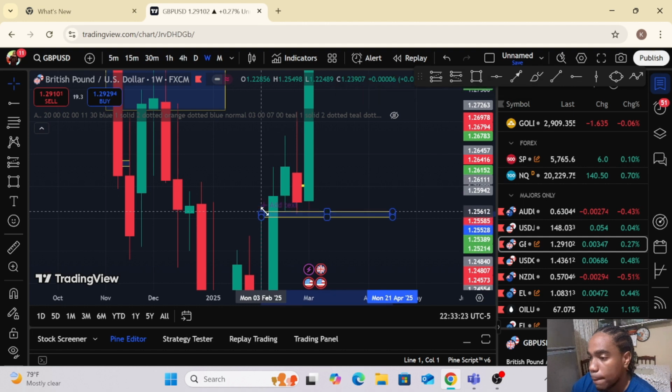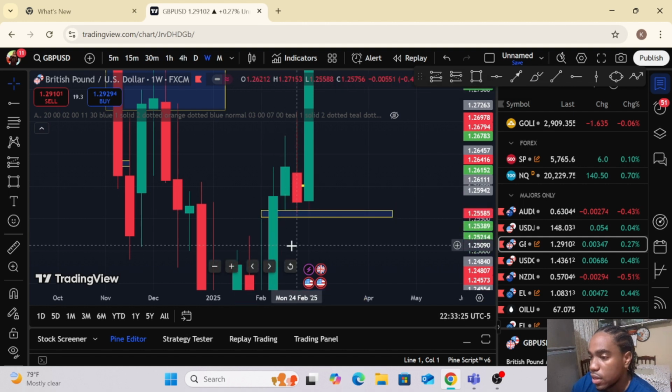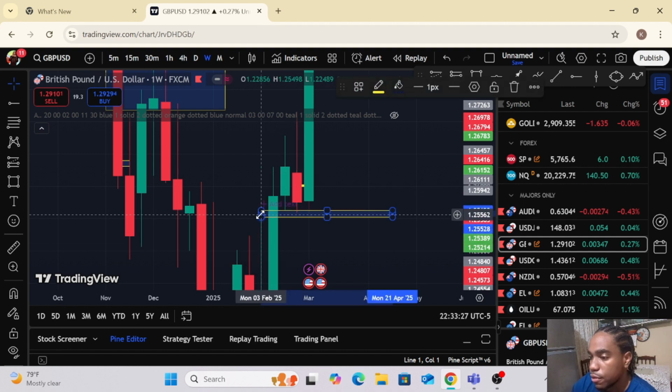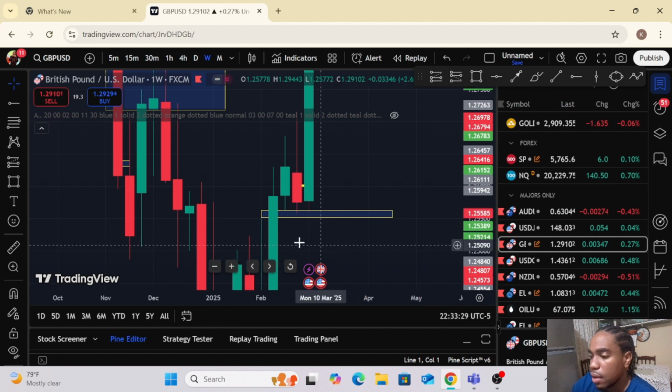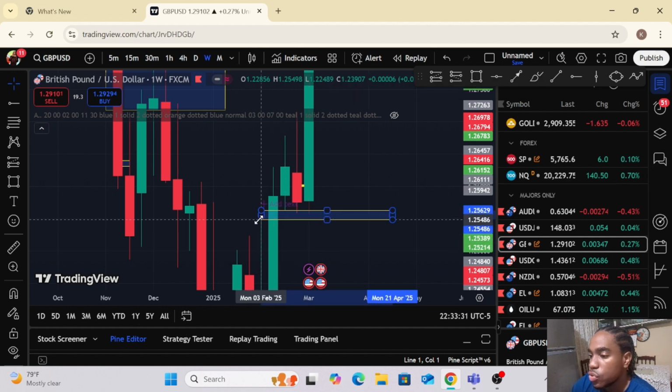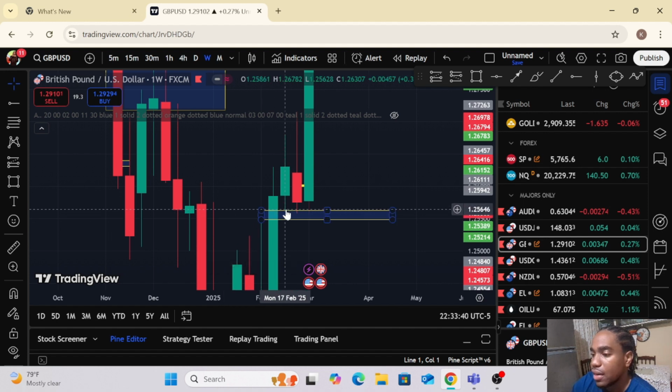Let me just fix that up right here. What am I doing? I'm trying to make this box touch the tip of this wick and the tip of this wick. The price points within here mean that price would need to rebalance itself.